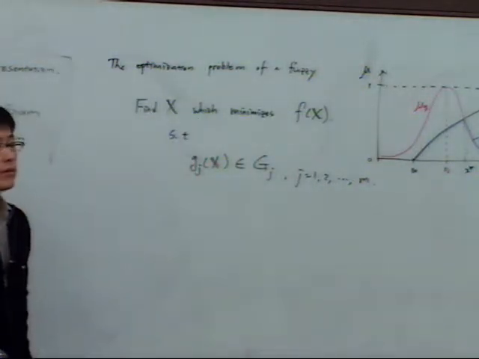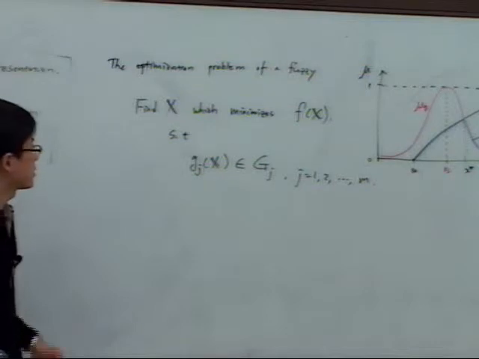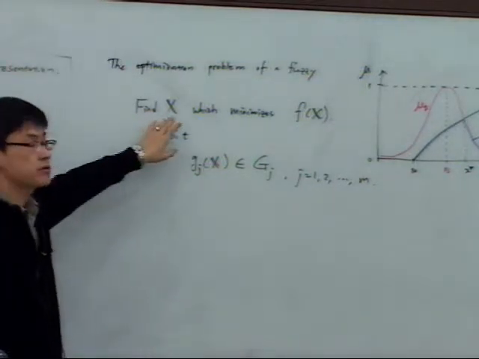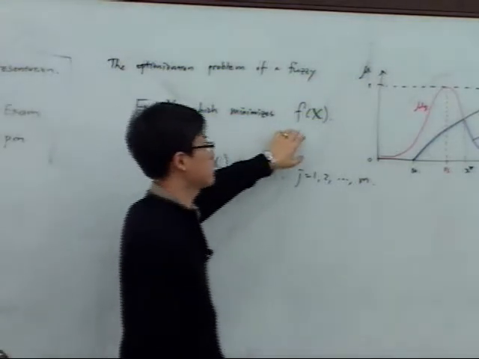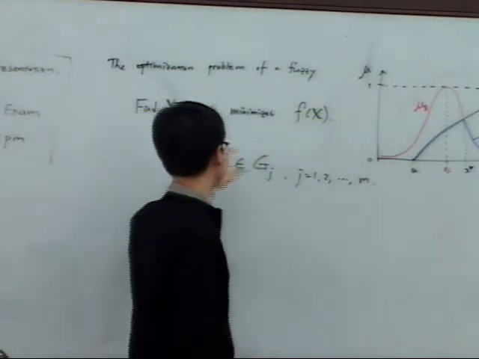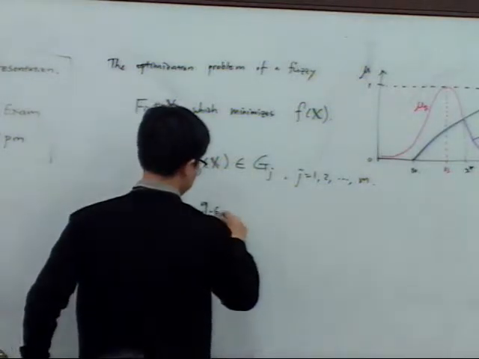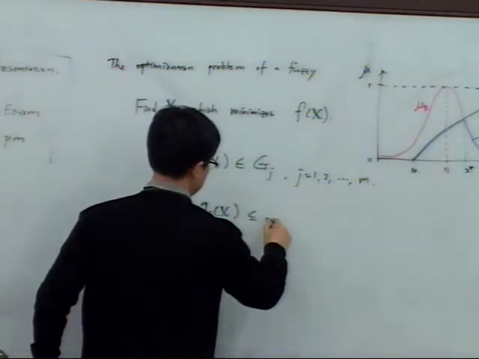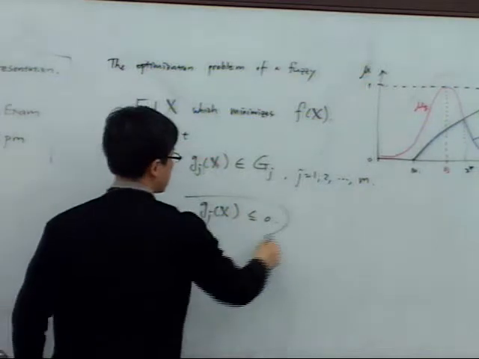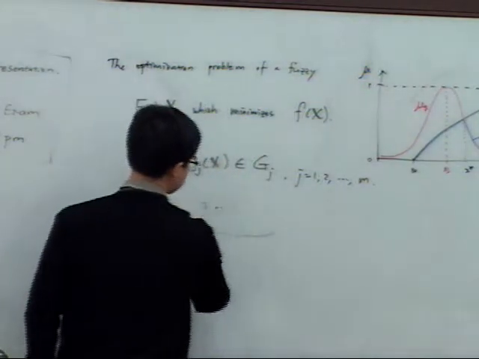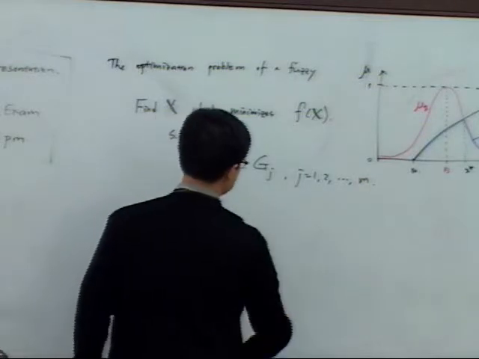Comparing with the conventional optimization theory, this term is exactly the same. Minimize large X, which minimizes the objective function. Subject to, in conventional thing, this is constraint. Okay, but in fuzzy system, the form is a little bit different.